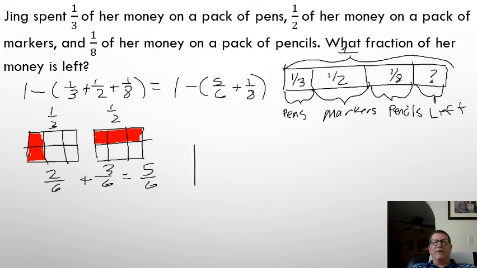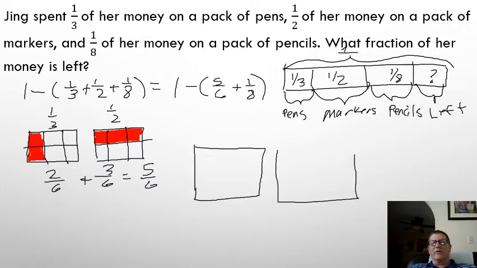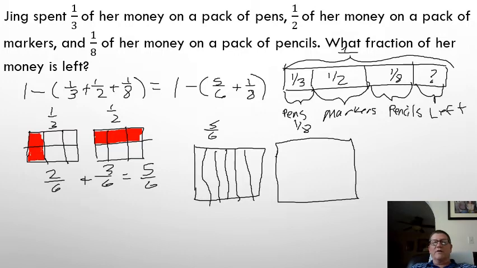So let's build another model to make this one a little larger because this is going to be a larger denominator. So here's our 5/6 and our 1/8. So let's go ahead and make our 6. Now on this side I'm going to make my 8s.